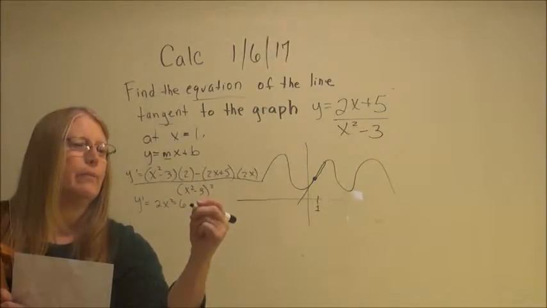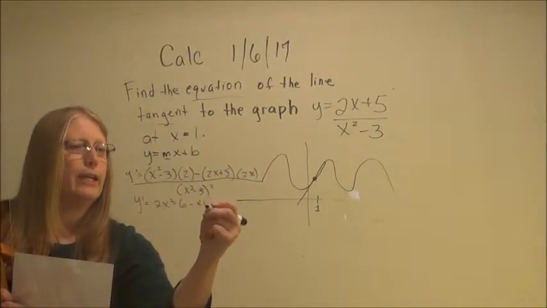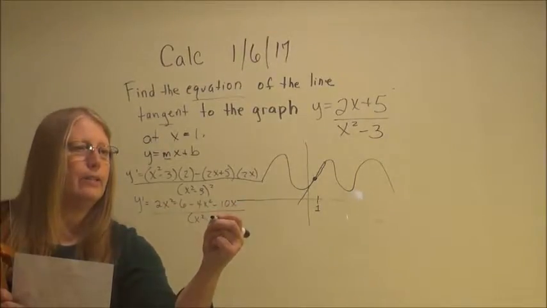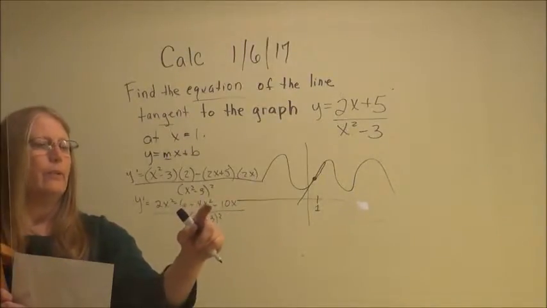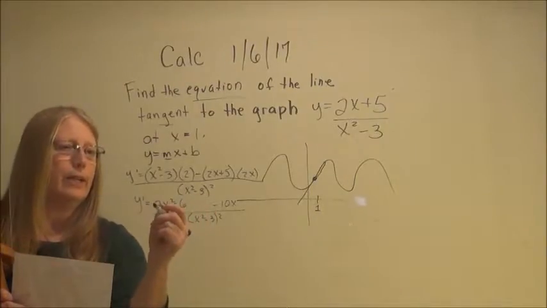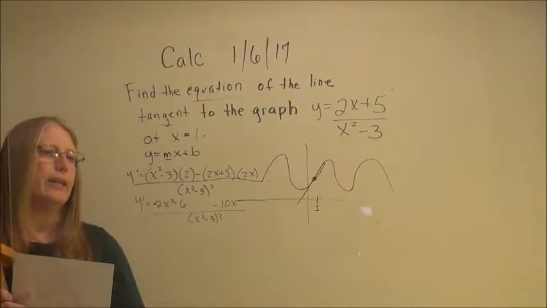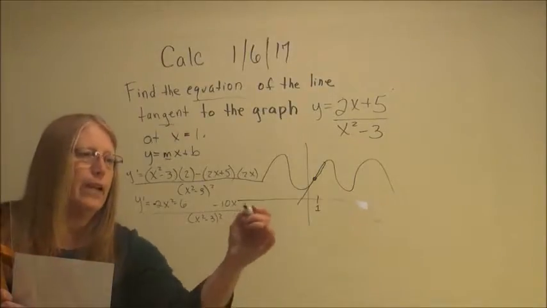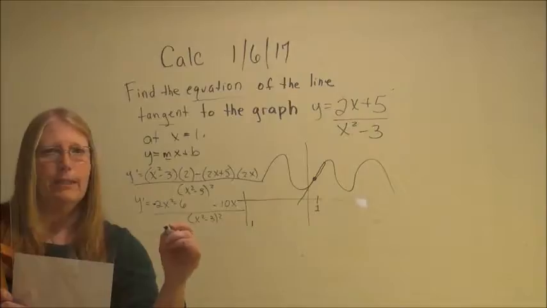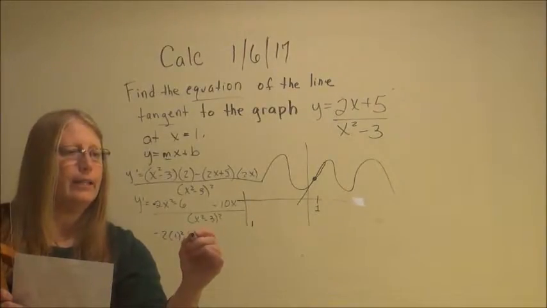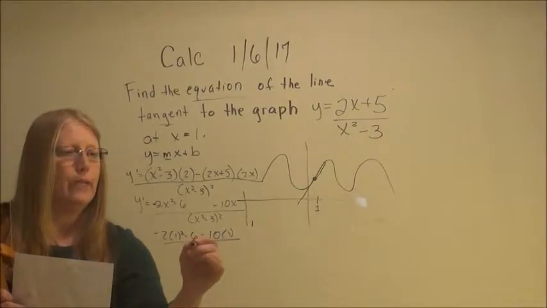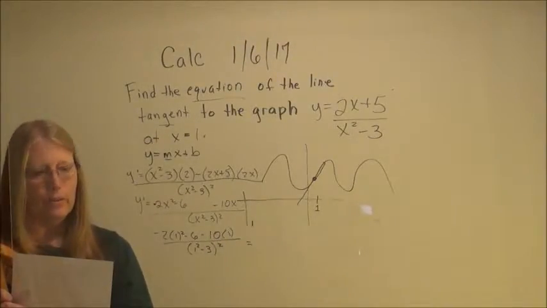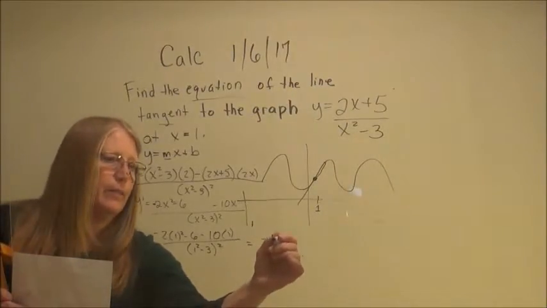The negative sign distributes through: minus 4x squared minus 10x, all over x squared minus 3 squared. 2x squared minus 4x squared is minus 2x squared, so we have minus 2x squared, minus 6, and minus 10x, and we evaluate all that at 1. On top I get minus 2, minus 6, and minus 10, which is minus 18.